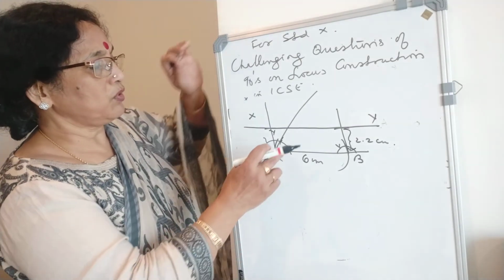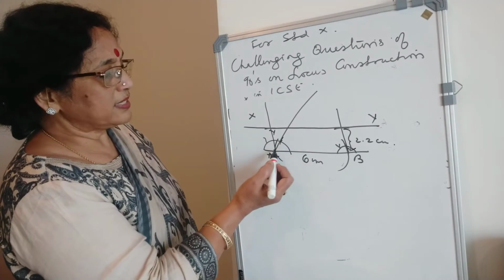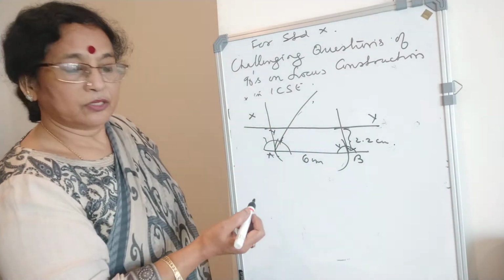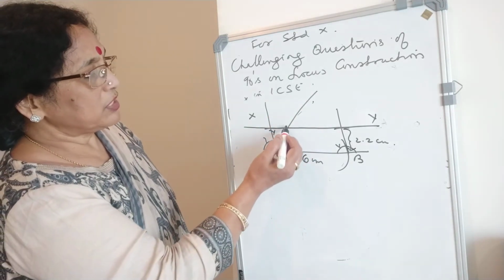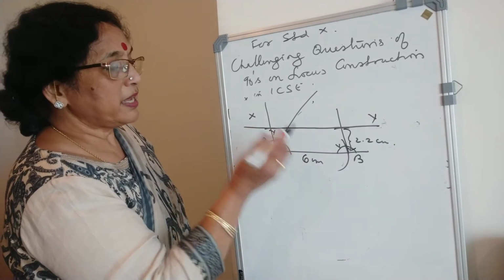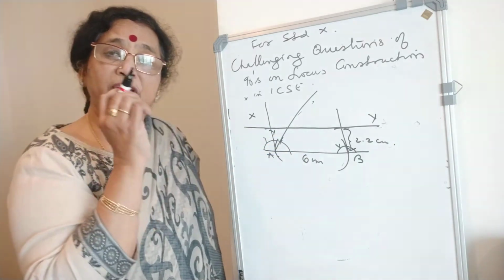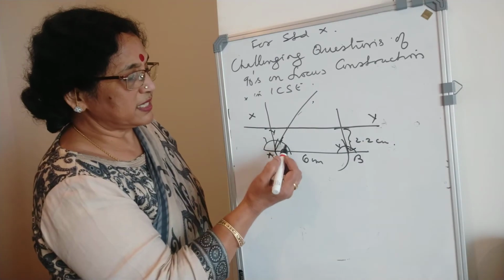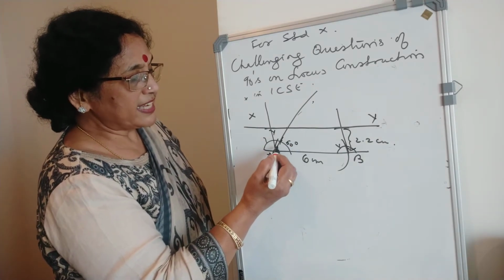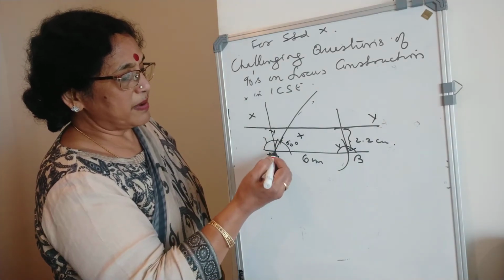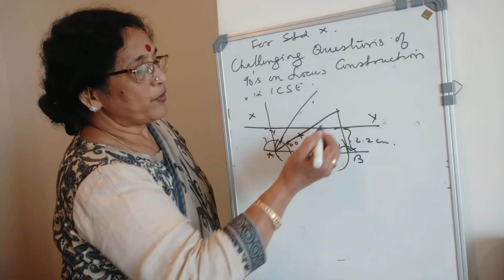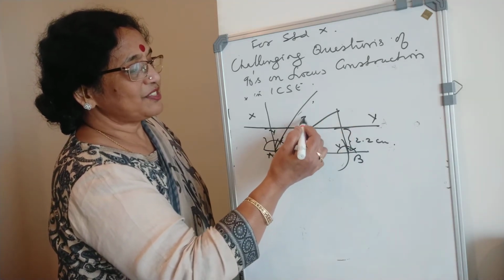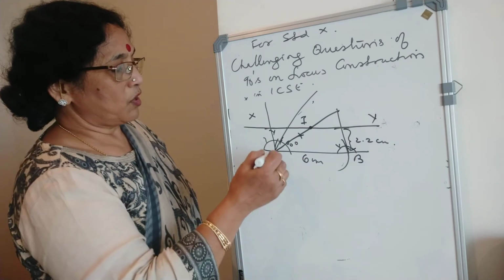So now, children, this is not the angular bisector. The incenter is the point of intersection of angular bisectors. This angle was 60. Next step, construct the angular bisector of 60. Where it cuts XY, that is your incenter.